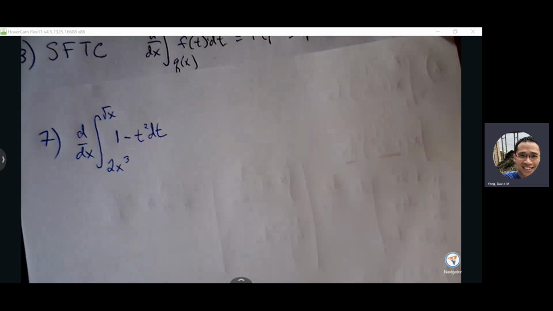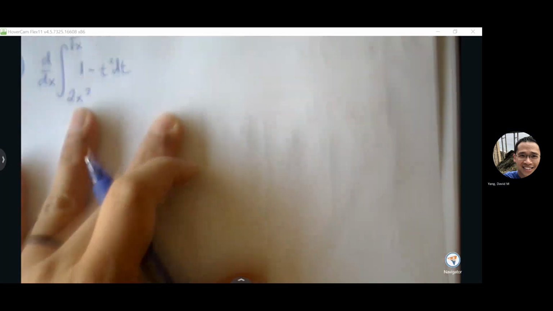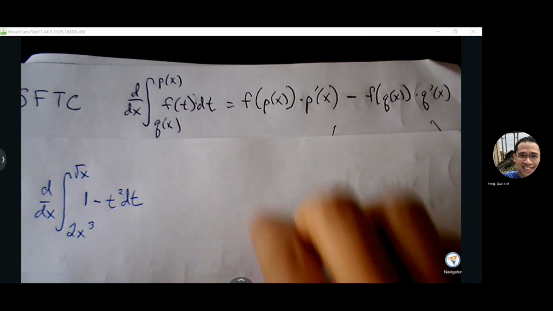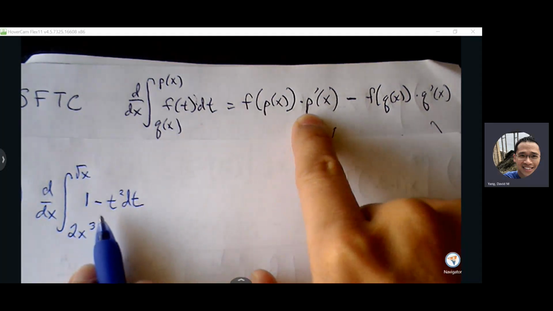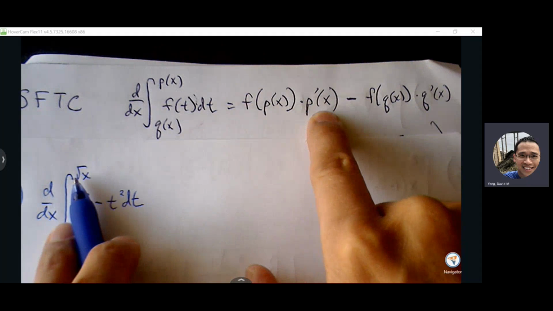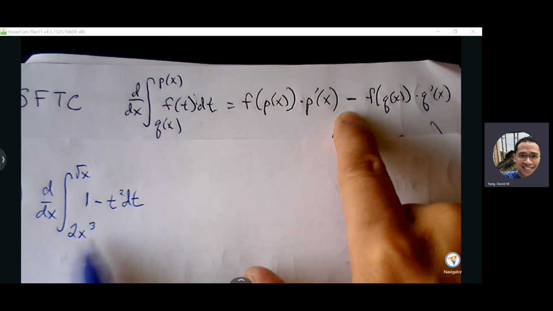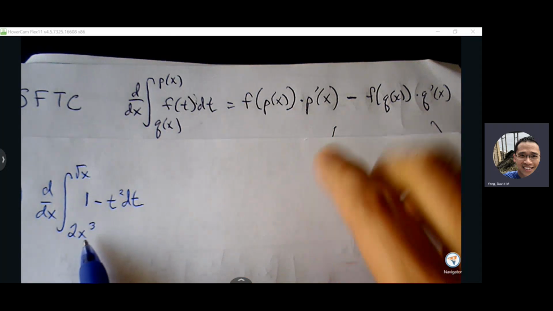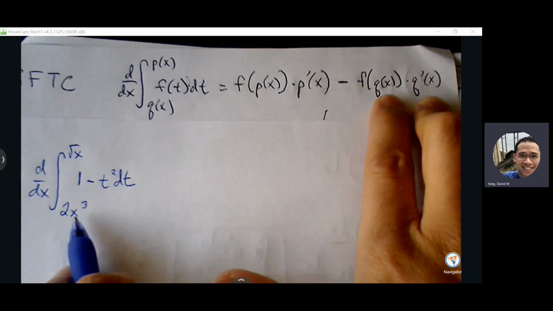Okay, here's the formula that we're applying here. Upper bound into the expression multiplied by the upper bound's derivative minus, you have to do the same process for the lower bound because that's also a variable. So f of q of x times q prime.